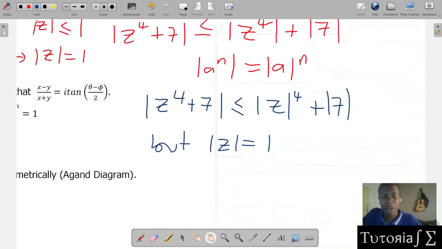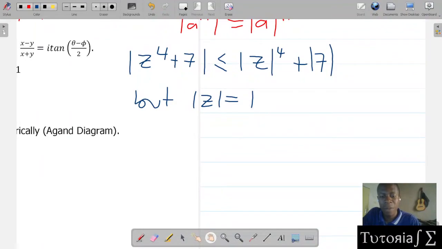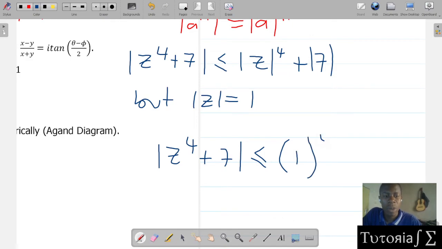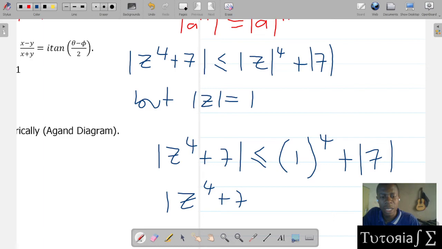So if z modulus is equal to 1 for the maximum, then we are going to have modulus of z to the power 4 plus modulus of z being less than or equal to, where there is z modulus here, we can put 1 to the power 4 plus 1, meaning that this can only be less than or equal to 1 to the power 4 plus 1, that will be 2.